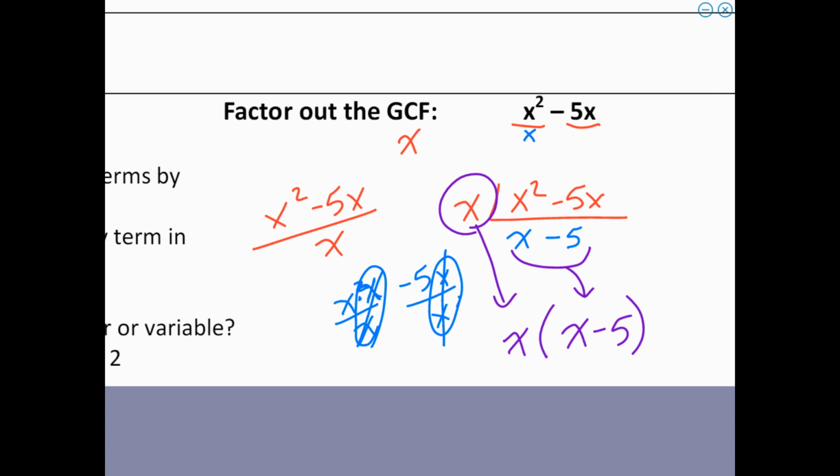And if I check my work, I should be able to say x times x is x squared, x times negative 5 is negative 5x. So it checks out that this is the same as what I started with. So this is my answer. The little arrows are just my work where I checked my work.